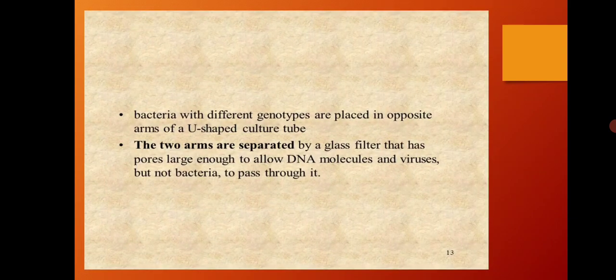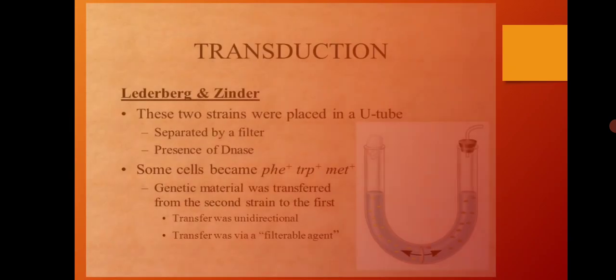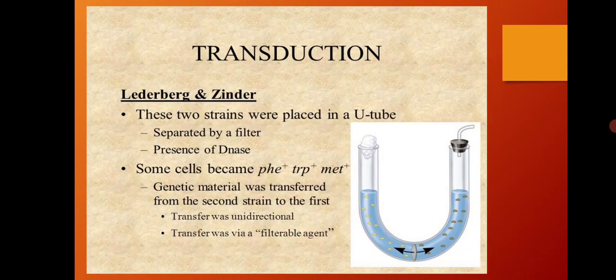So he took the two strains and put them in a tube, and the shape of that tube was like a capital U, hence it is also called the U-tube experiment.